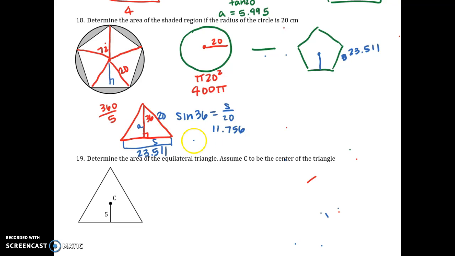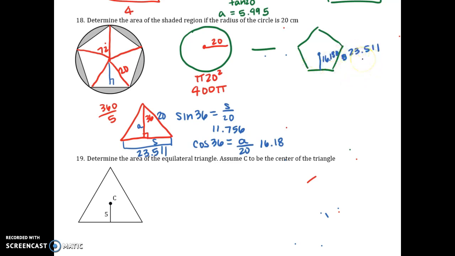Then we got to find the apothem. So cosine of 36 equals apothem over 20, so 20 times the cosine of 36, which is 16.180.